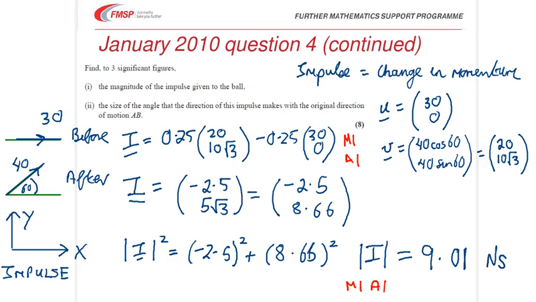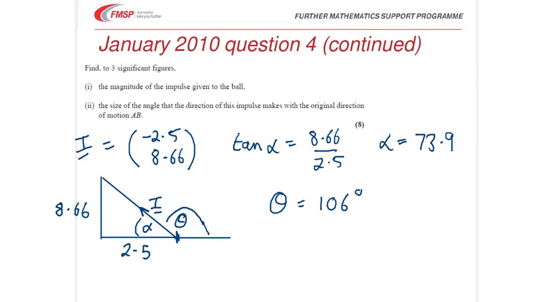And rather surprisingly there were 4 marks for working out the direction that the impulse makes with the original direction of motion on here. So there was an M1A1 and an M1A1.